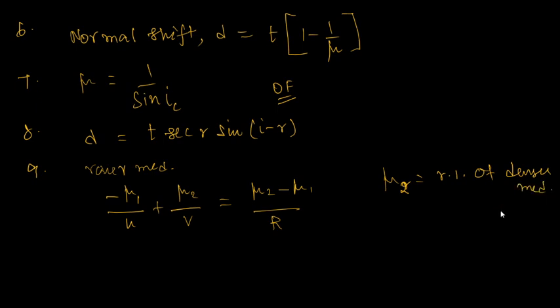Okay, and mu 1 is the refractive index of the rarer medium. You understand? Right. And the 10th formula, 1 by f. What is 1 by f?